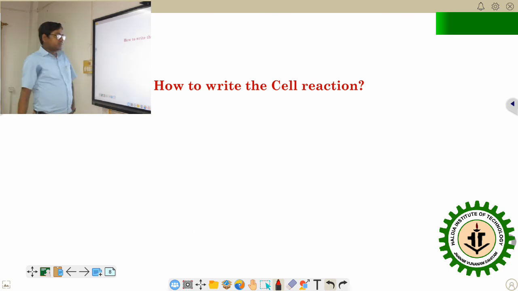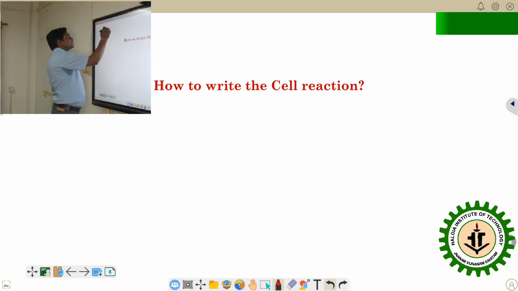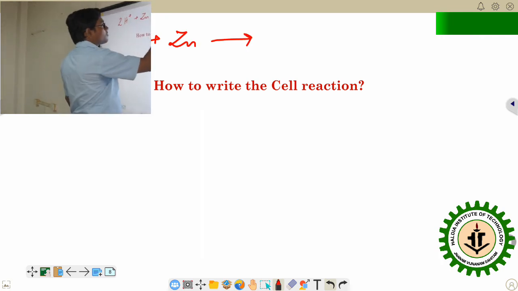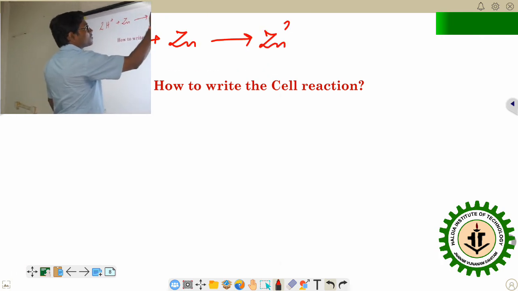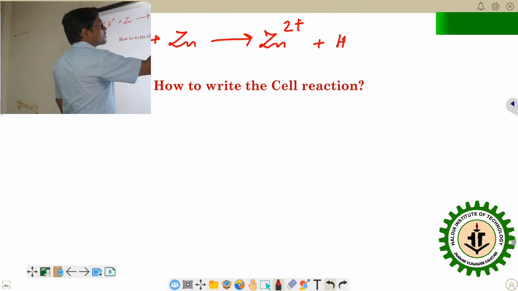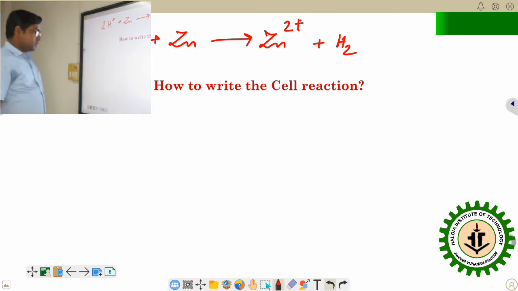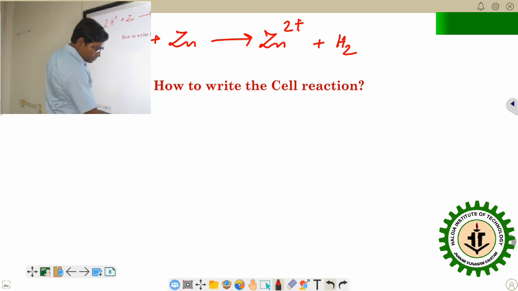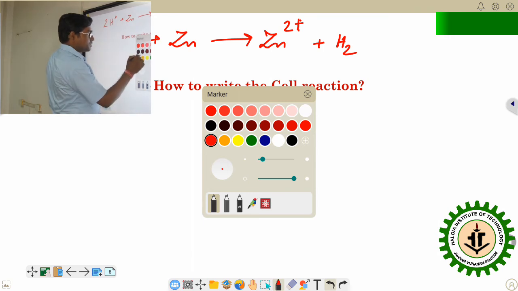How to write cell reaction? Suppose you have been given some reaction and you will be asked how to present that cell. Let us consider, one reaction is given. You have been given this reaction and you have been asked to represent the corresponding cell.